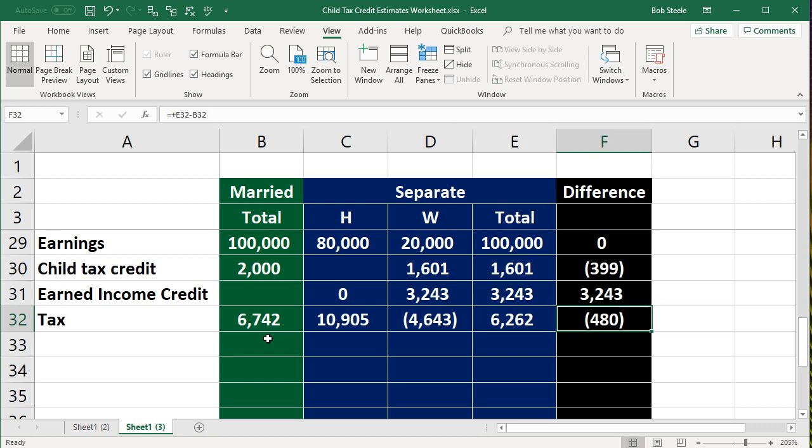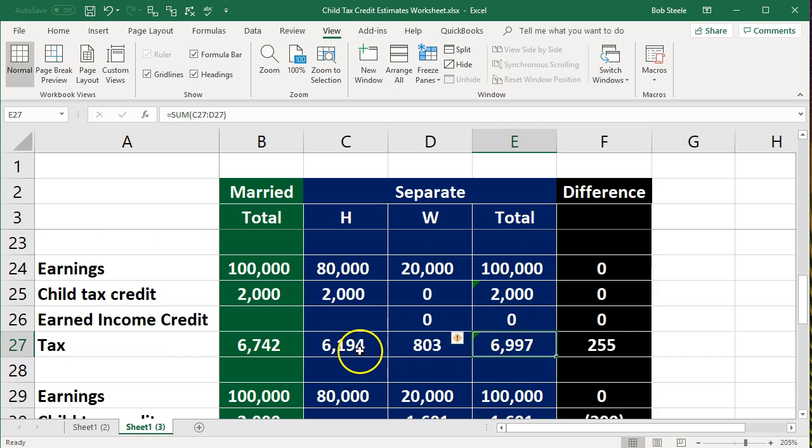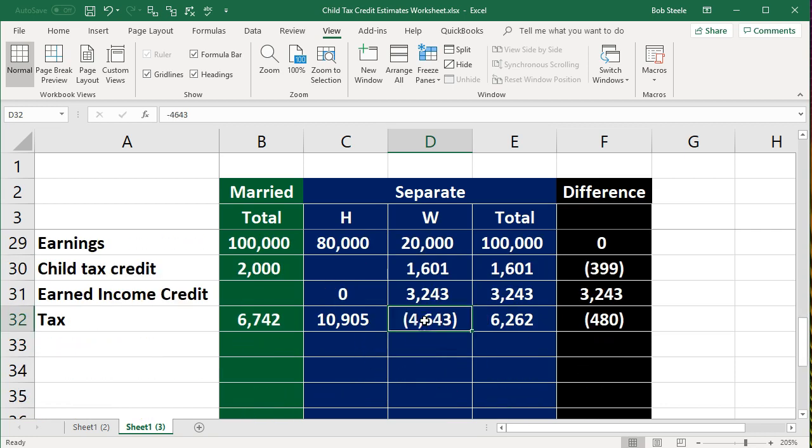So you can consider the total here versus the total here, and very different breakouts between these items, owing money here, and there a huge refund and owing more on this side. So these are just a couple. There are a ton of different scenarios that could be around here. These are just a couple of them.